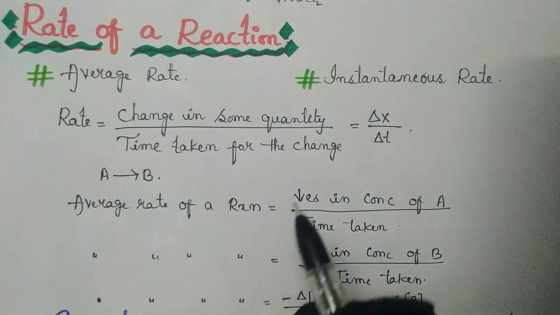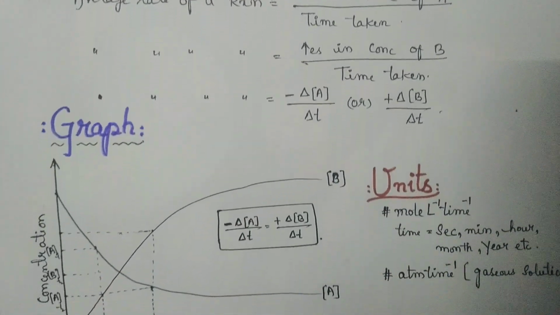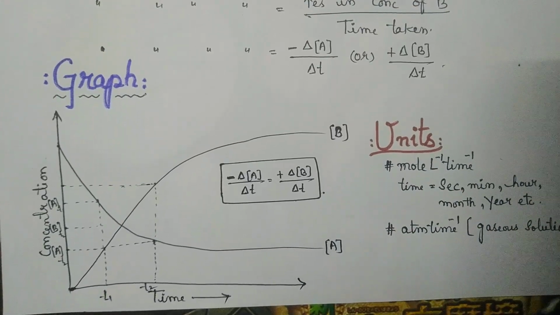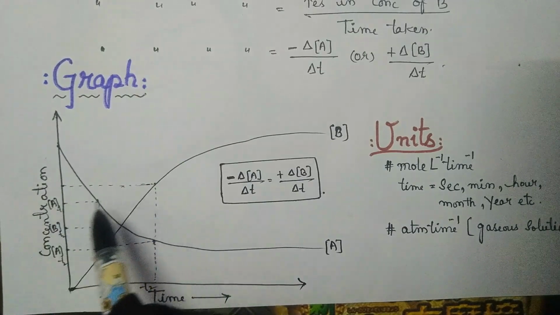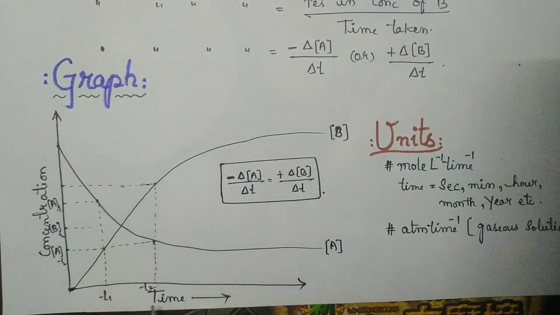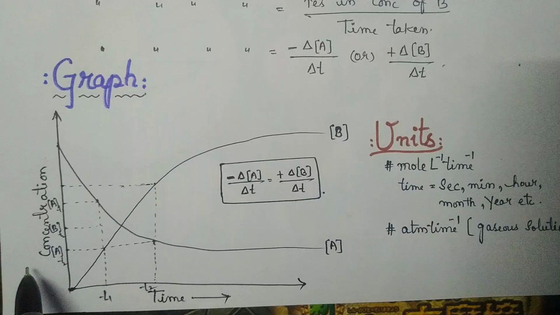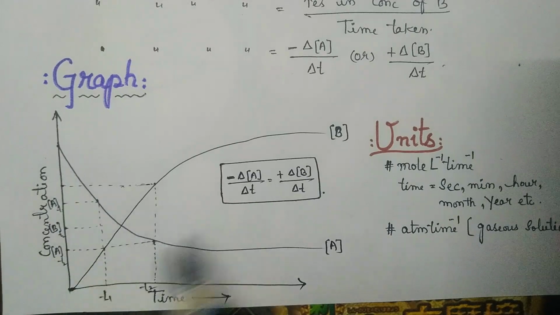Right, now let's understand the graph. Okay, here is the graph. This graph is drawn between time and concentration of reactant and product. We have taken time on x-axis and concentration on y-axis, right? So we have two curves here.